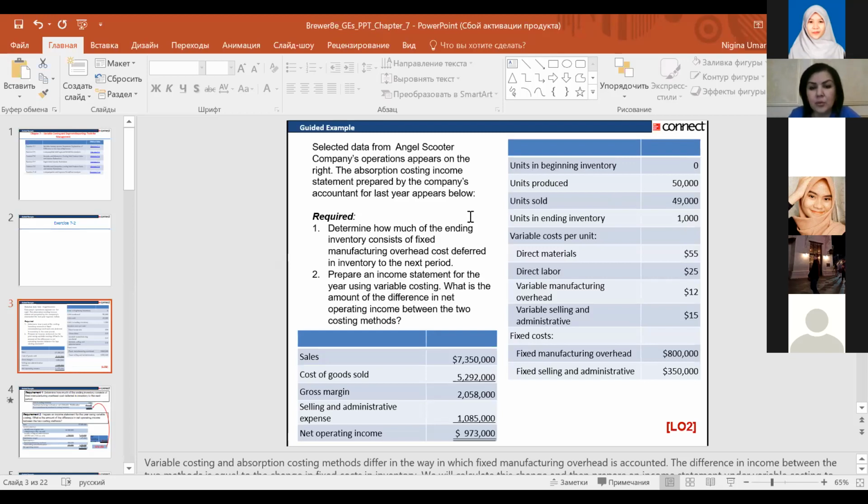Okay, let's prepare the income statement on the variable costing system. So how should we do that? The first line in the income statement starts with what?